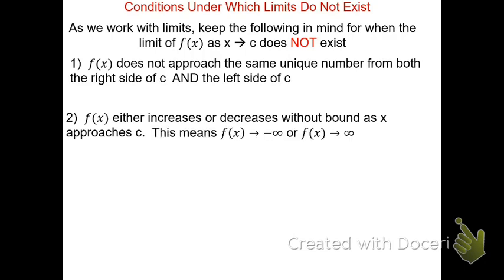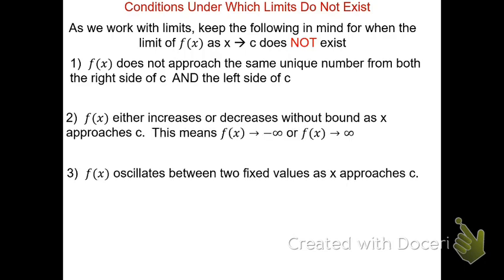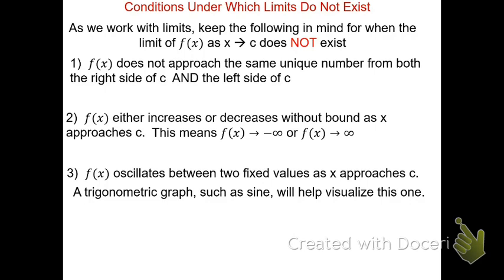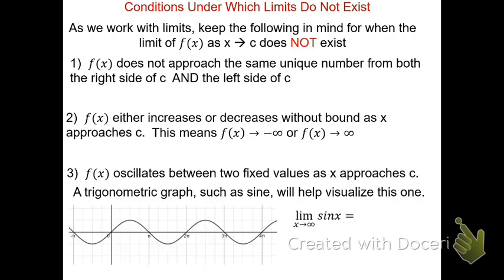Lastly, if it oscillates between 2 values. Now this one's a little tougher to understand. If f of x oscillates between 2 fixed values as x approaches c. Well, the easiest way to think about this one is like a trig graph. If you think of a sine graph, it'll help you to visualize it pretty quick. Here I've got a sine graph for you. What happens as x approaches infinity?